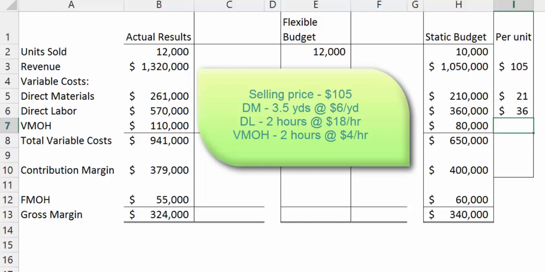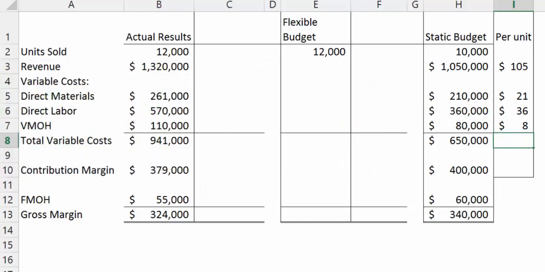We didn't talk about where the variable manufacturing overhead numbers came from before, but it works out to be $8 a unit, and that's actually applied at a rate of $4 per direct labor hour, 2 direct labor hours per unit. The total variable costs are $65 for 1 unit.